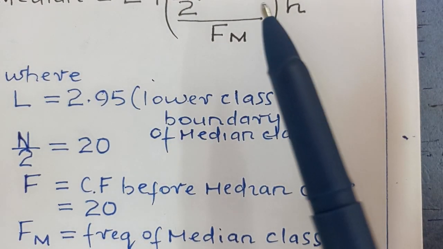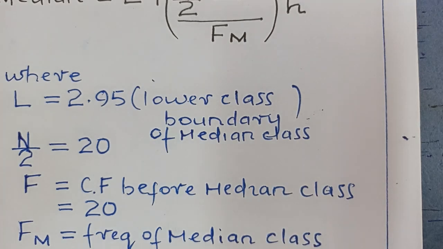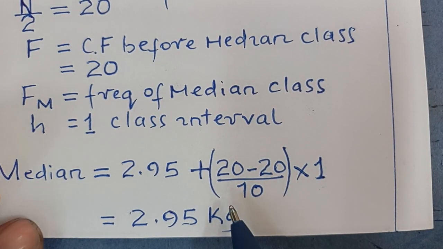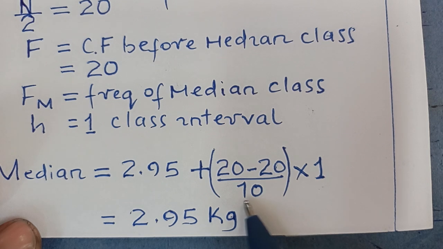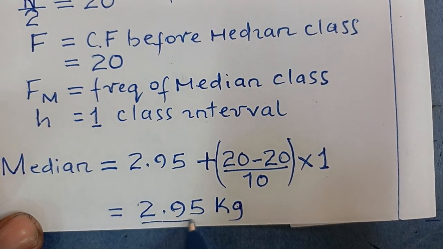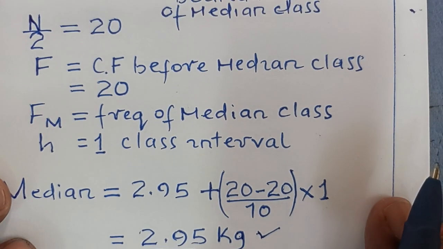For the cumulative frequency before the median class, which is 20, it is right here. And then this is the frequency of the median class, multiplied by 1, which is the class interval. And now we are able to find the median. This is our median. Guys, now we continue.